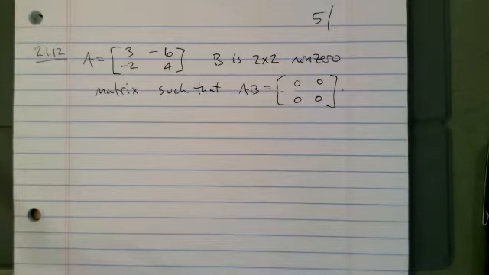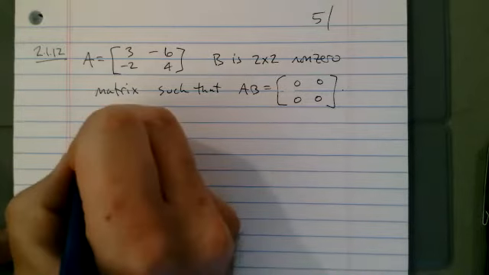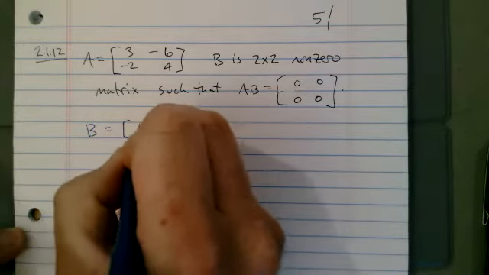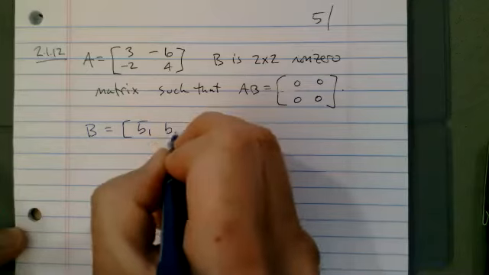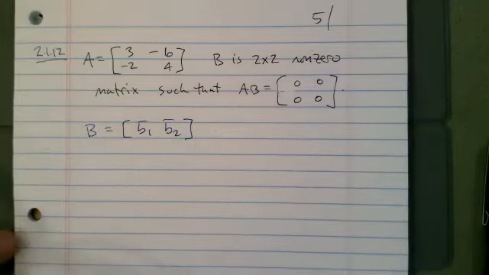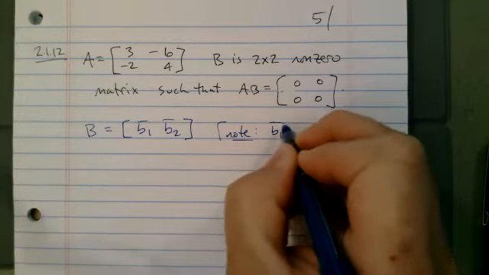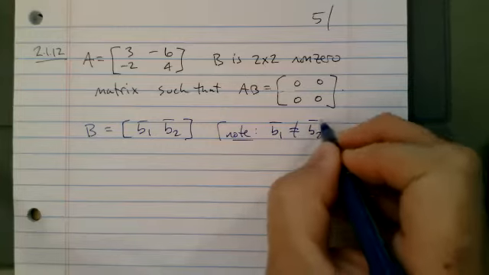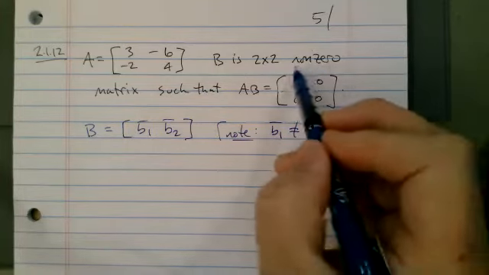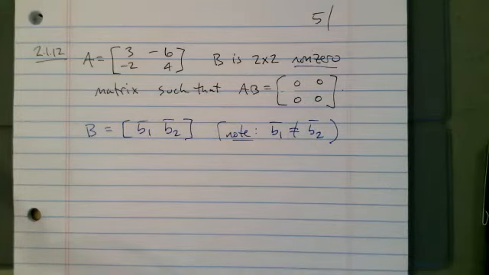So if I think of B as the matrix with columns B1 and B2, we're going to note B1 is not equal to B2, and neither one is the 0 vector.